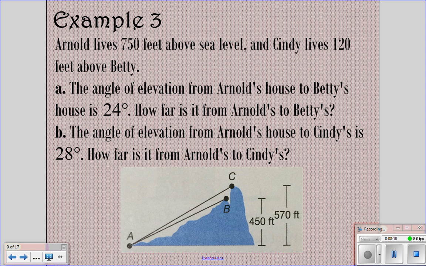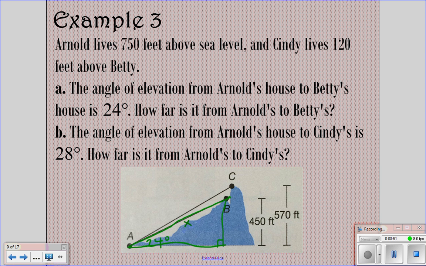So going from A to B. And I'm going to draw a triangle here. And the angle of elevation is 24 degrees. And we want to know how far is it from Arnold to Betty. So we're looking for the hypotenuse here.